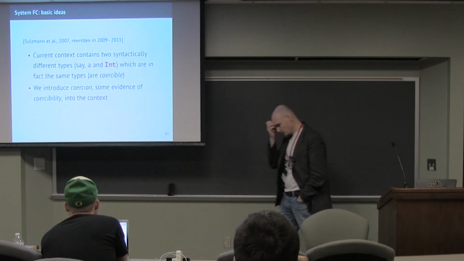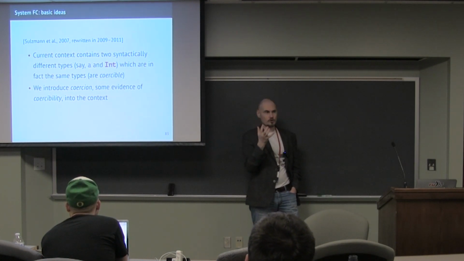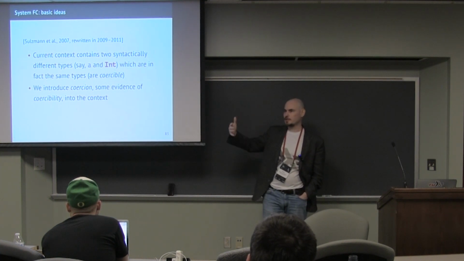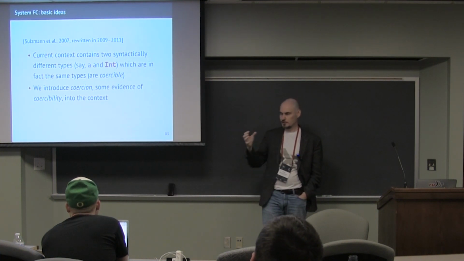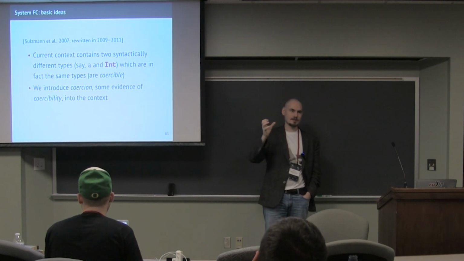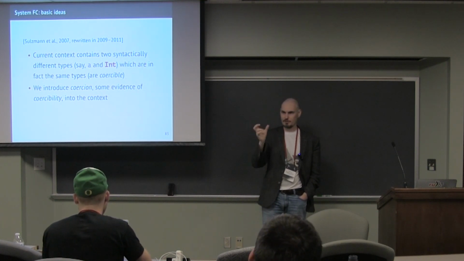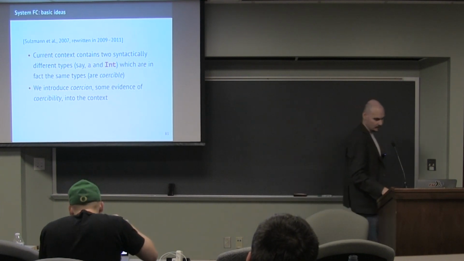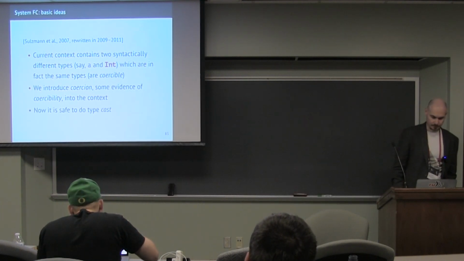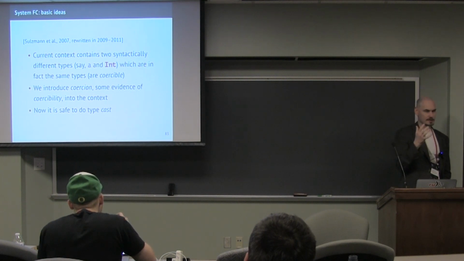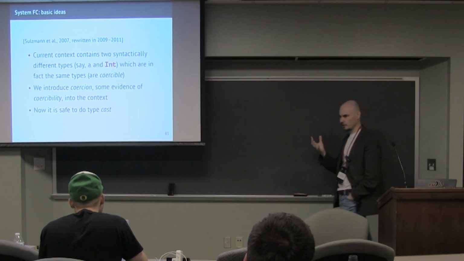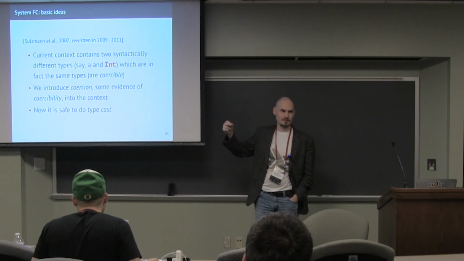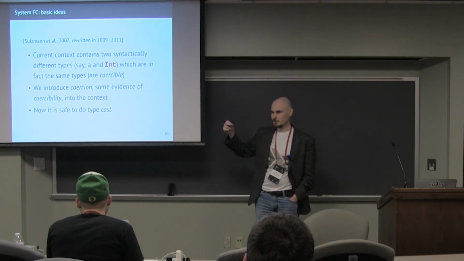The idea is to bring coercion as some evidence of this coercibility to the context. It's just something that you add to the context. Some evidence that two types are the same in this code. And if you have this coercion, this evidence that they are the same, then you can cast one type to another. So that's it.